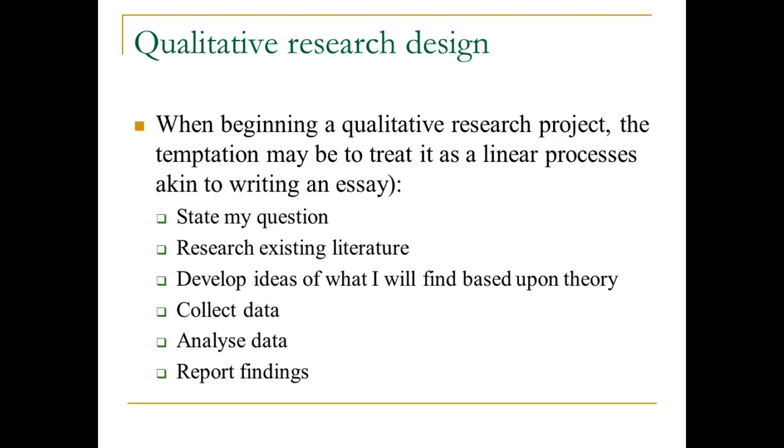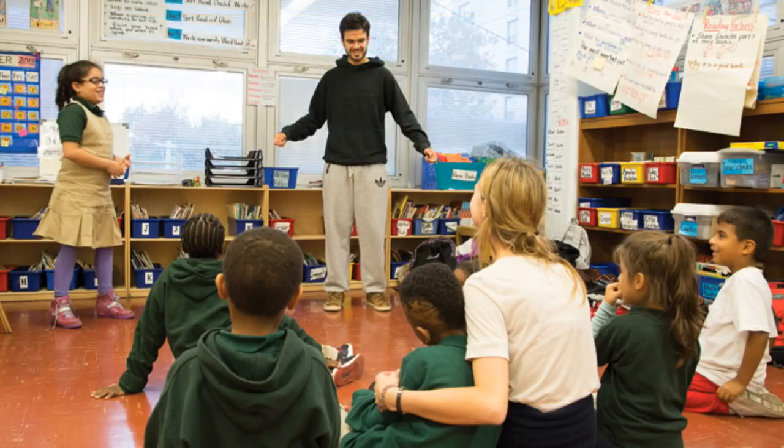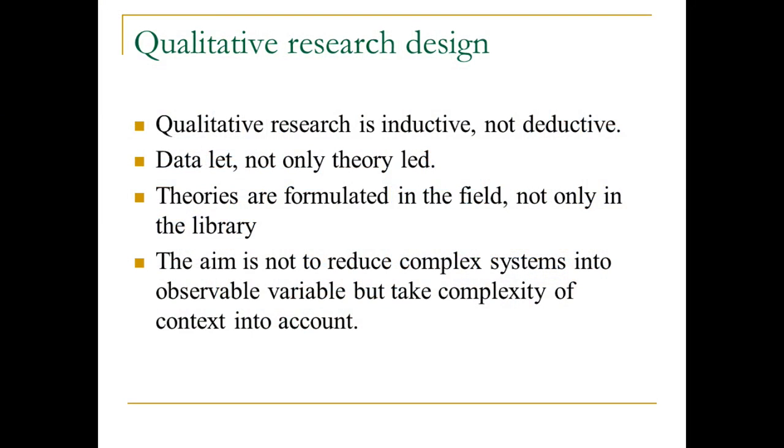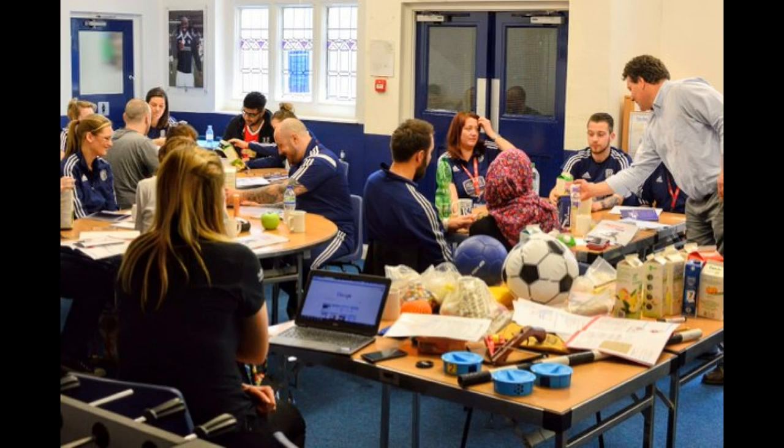That's not exactly how research tends to go in qualitative because of its iterative and inductive nature. Qualitative research is data-led, not only theory-led. And theories are formulated in the field, not just in the library. Our aim in qualitative research is not to reduce complex systems into simple deductive theoretical statements. Instead, it's to actually take into account that complexity when we're doing our research.